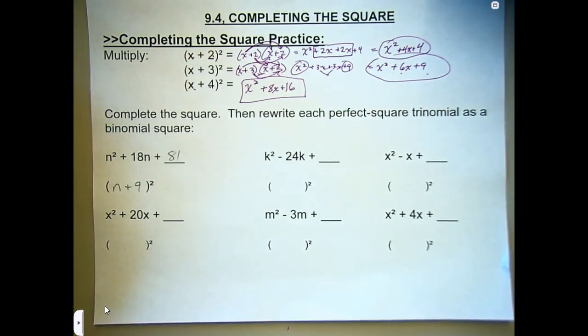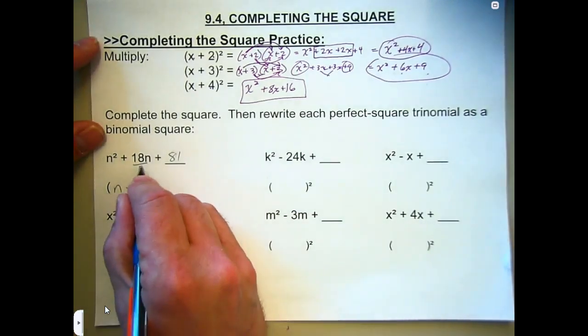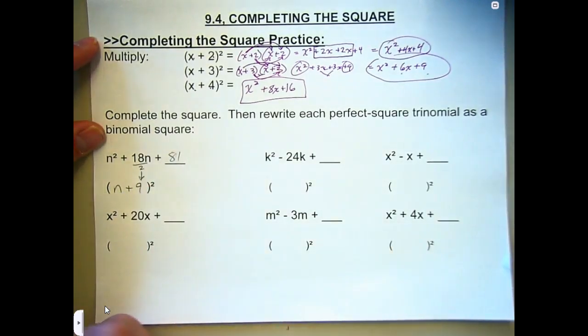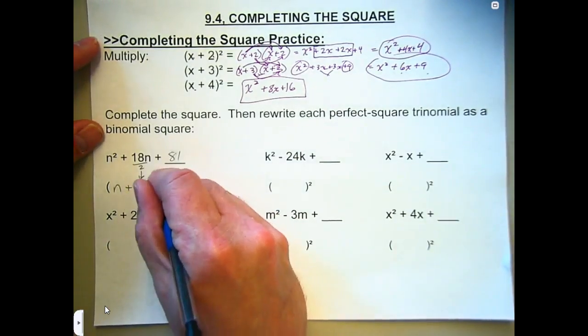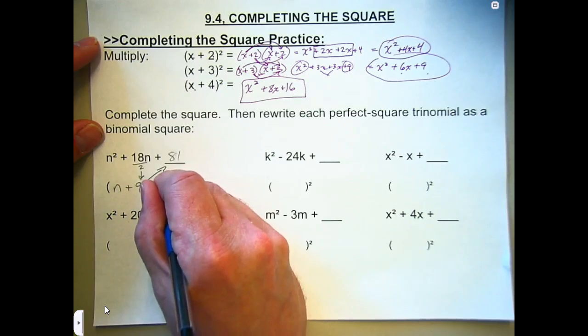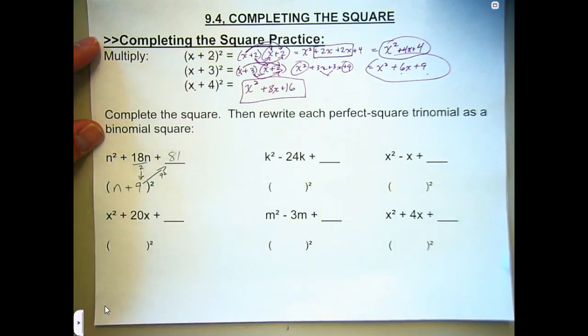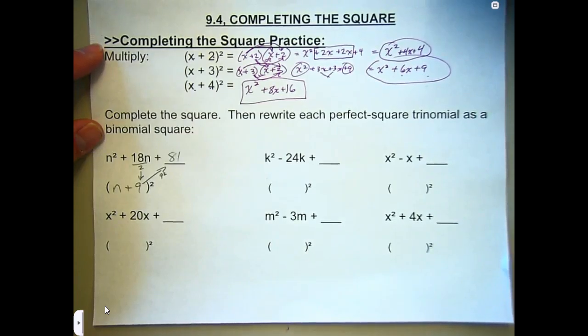So you divided that by 2 to get that? Yeah. How'd you get the 81? 9 squared. You just squared that. Okay. Everyone agree? Yeah. Yes. Okay.